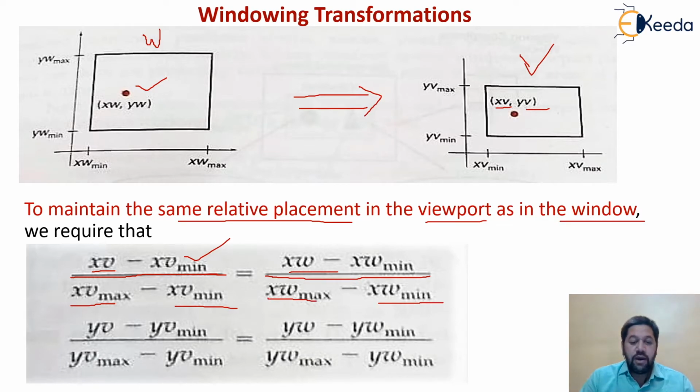That is my displacement of the x coordinate in the window, maximum minus minimum.